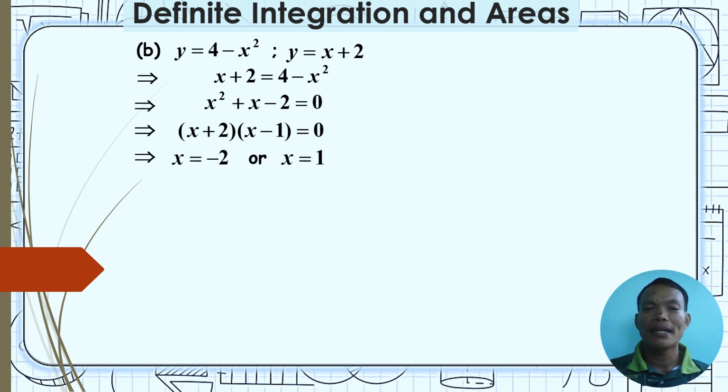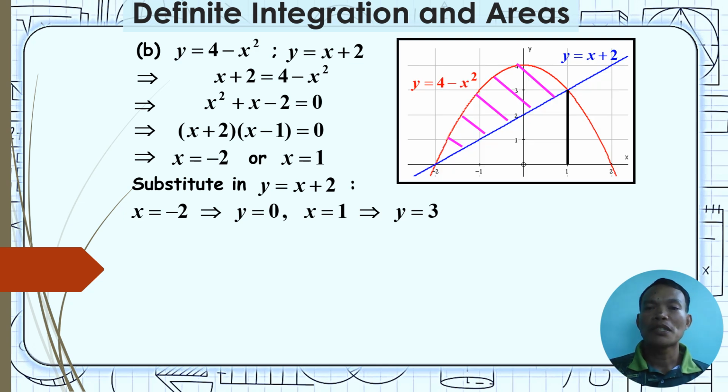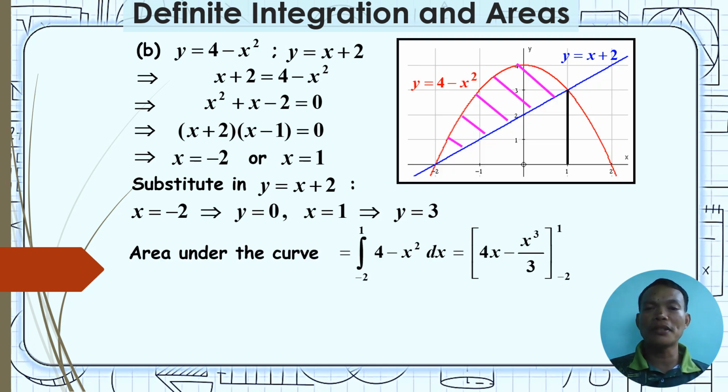Therefore, x equals negative 2 and the other x equals 1, applying the zero product property. As we substitute in y equals x plus 2, when x is negative 2, the value of y is 0. When x equals 1, y equals 3. So we have here the illustration.